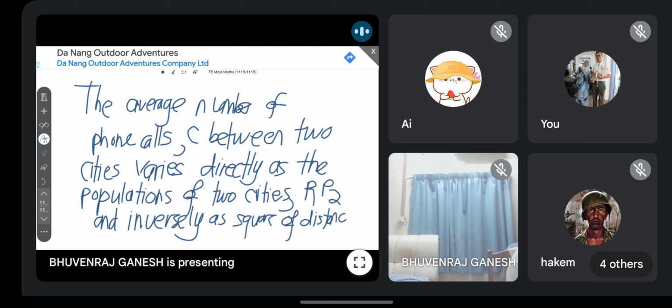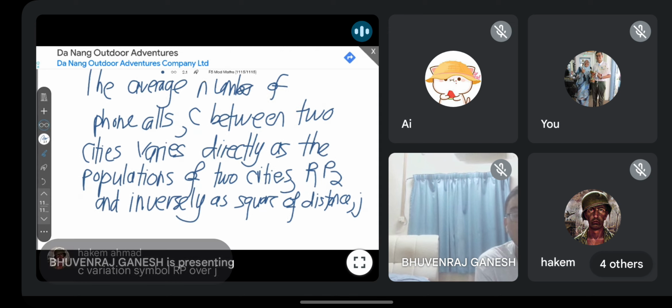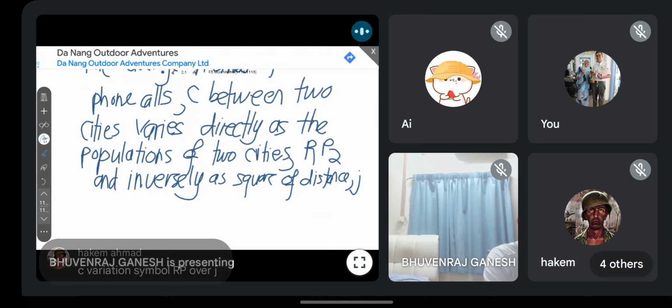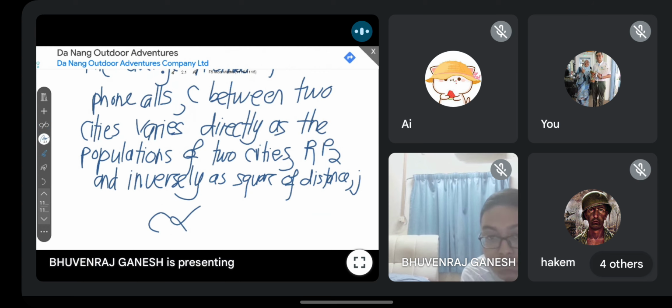Okay, so first part, can you all tell me, how will you write the variation for this? How do you write the variation form for this sentence? The average number of phone calls between two cities is directly proportional to the population of each city, P1, P2, and inversely proportional to the square of the distance between the two cities. C, variation symbol, P1, P2 over J. Your J must be squared.